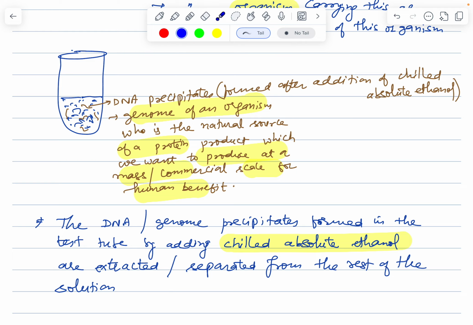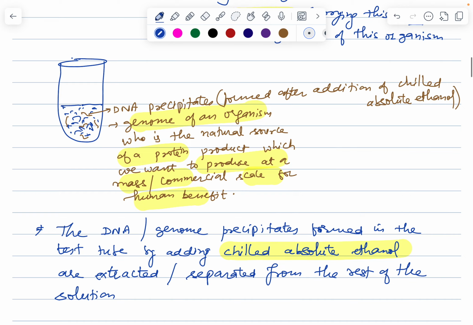And then finally we added the chilled absolute ethanol that resulted in precipitation of the DNA strands. Okay, so now the rest of the solution is basically what? The broken down components of the cell wall, cell membrane, proteins, RNA, and the only thing that is intact right now is DNA in the precipitate form.